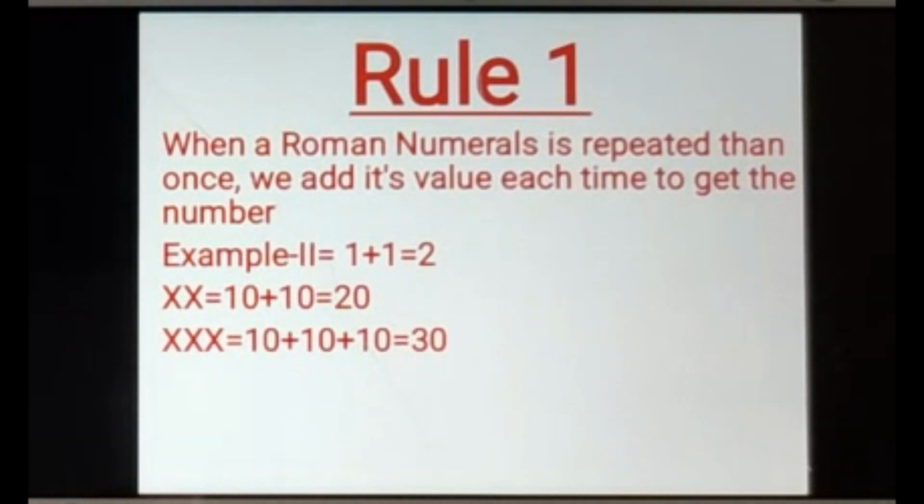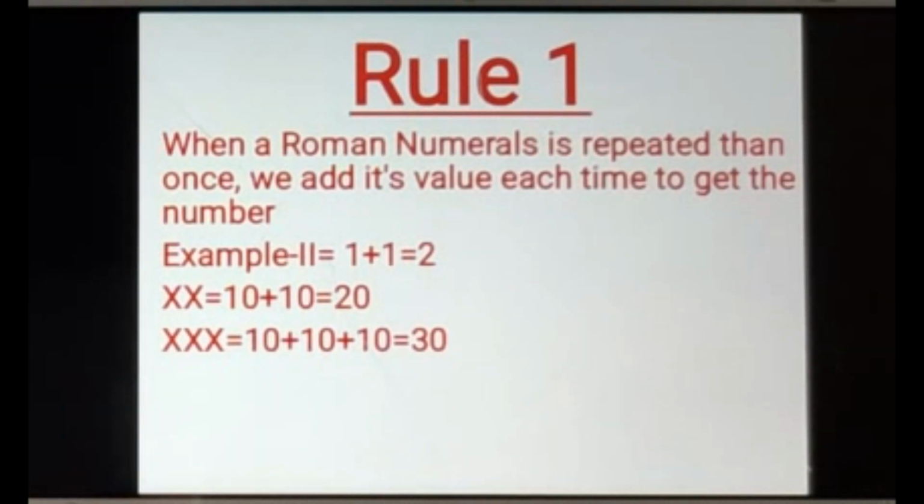The symbols V, L, D are never repeated, so V should appear once, L once, D once. And if you are repeating a symbol, such as X or I, it should not be repeated more than 3 times together.